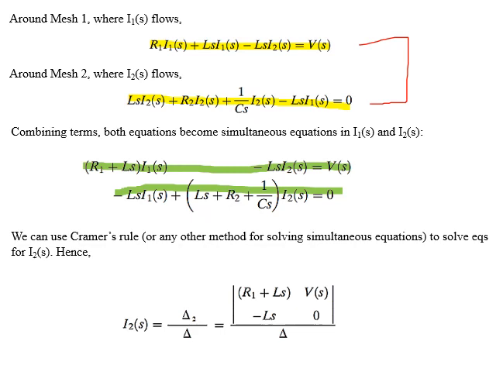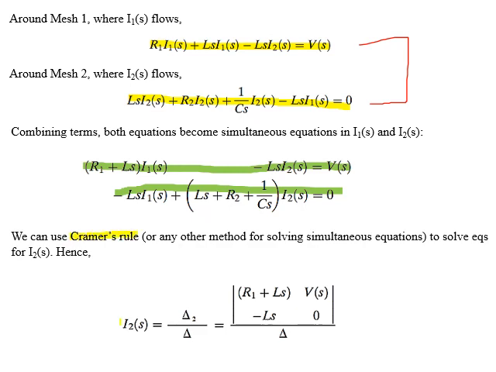Now you have liberty, it depends on you, what rule you are going to use to find the transfer function, whether it is Cramer's rule, the substitution method, the echelon method, the reduced echelon method, or the matrix inversion method.